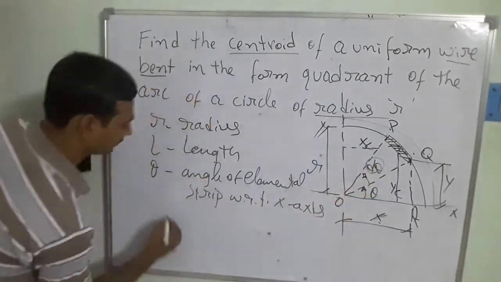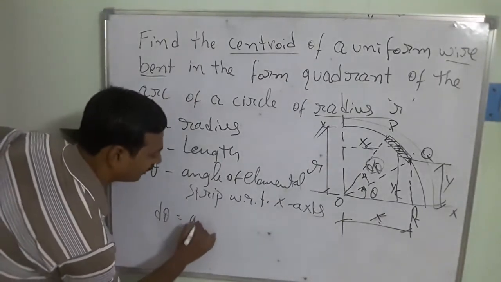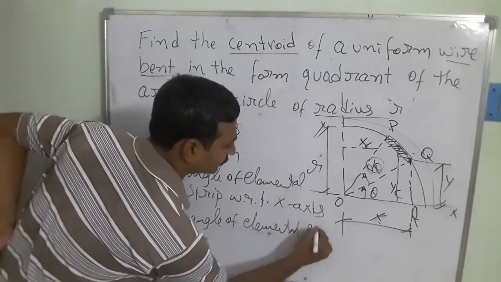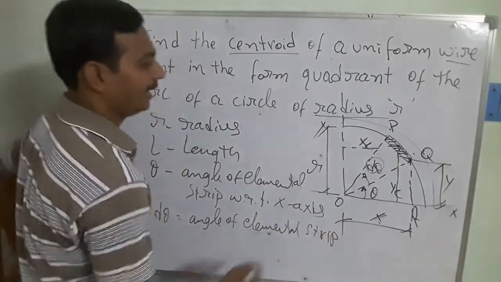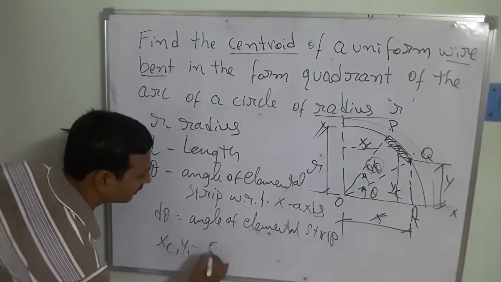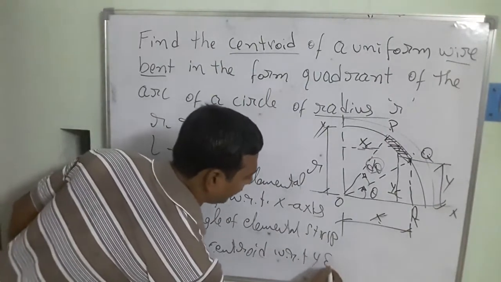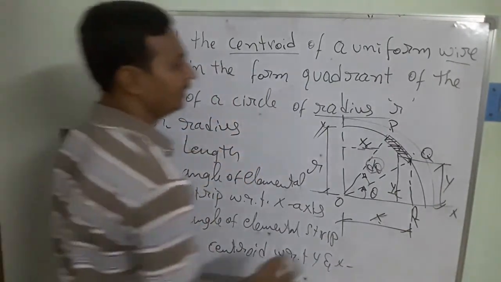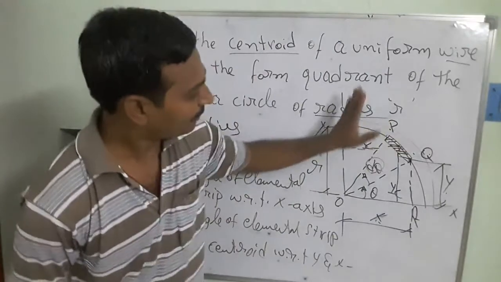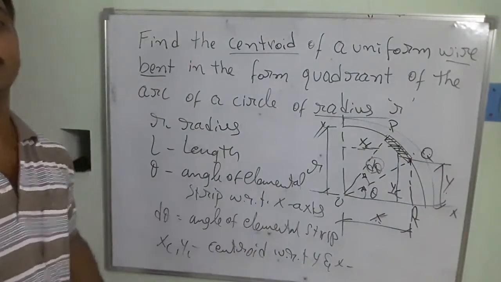Next, d theta is the elemental angle of the elemental strip, and xc and yc are the centroids with respect to the y and x axes. Similarly, x and y are the distances of the elemental strip from the y-axis as well as the x-axis. From these parameters, we are going to try to find the centroid.